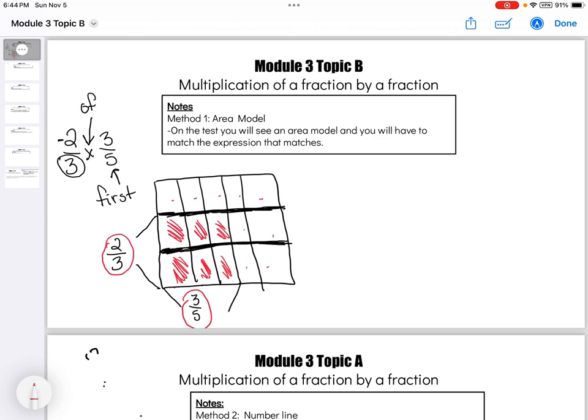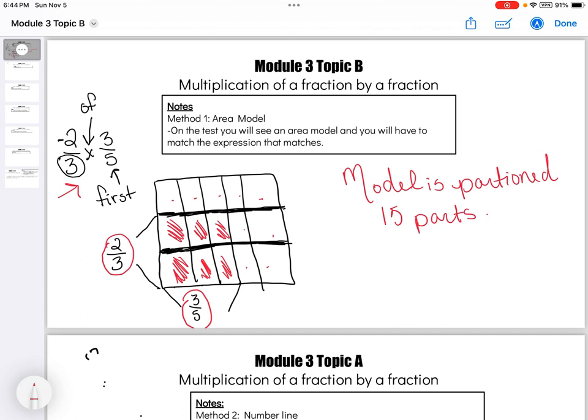So on the test, they are going to see a model like this, and they're going to have to find the matching multiplication expression. So what we know is that this model is partitioned into a total of 15 parts. This is another question you're going to see in the future on the test.